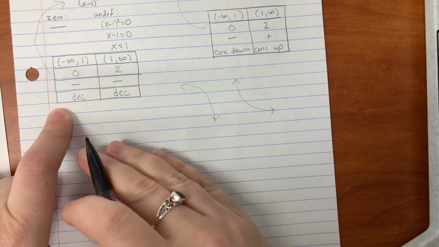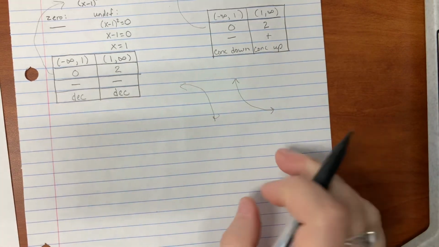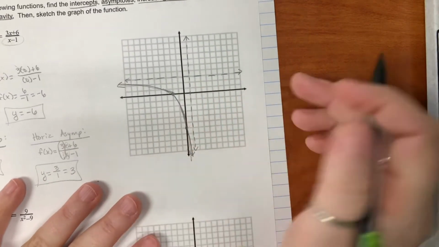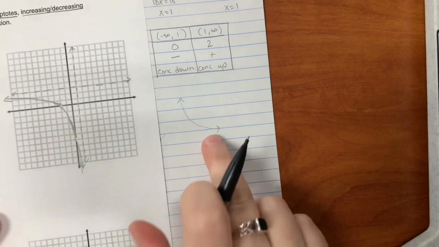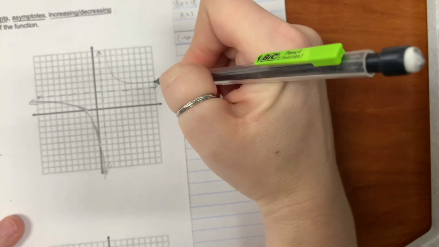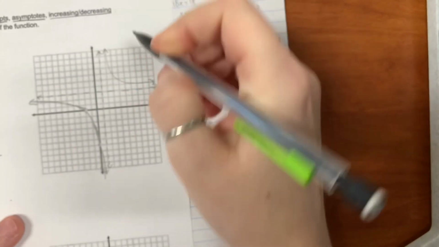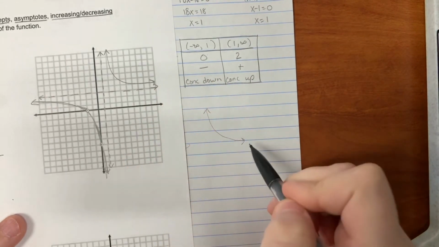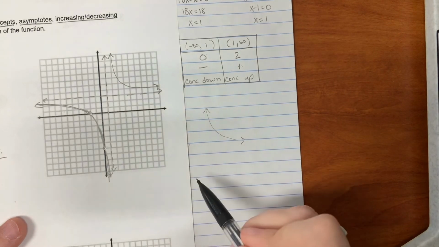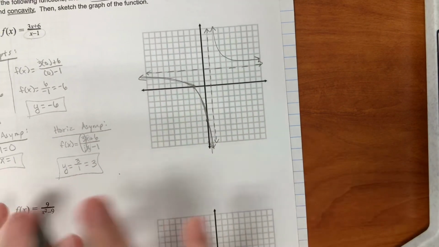So concave down, concave up. All right, so that means in this section, in order for this type of a graph to happen, I would say that has to happen up here. Because otherwise, if I drew it down here like this, it's going to cross this asymptote, which just seems a little weird, right?